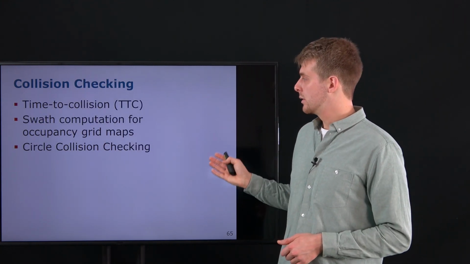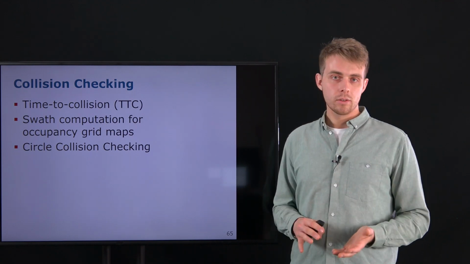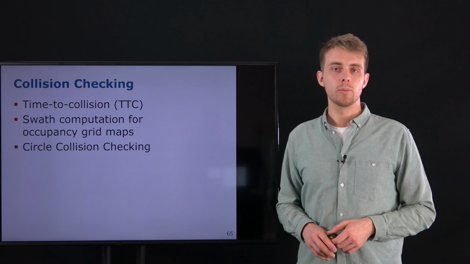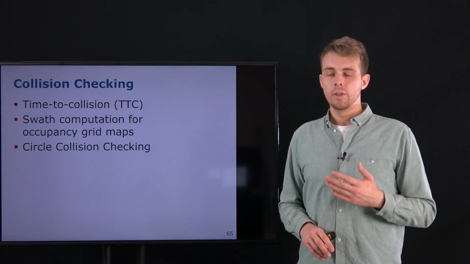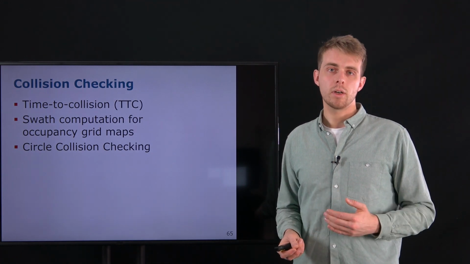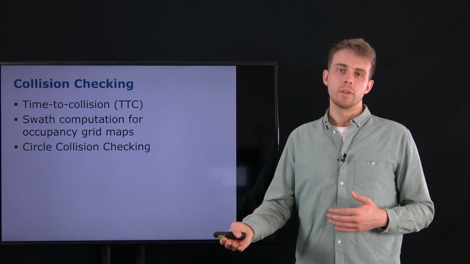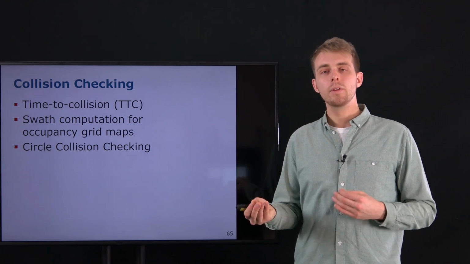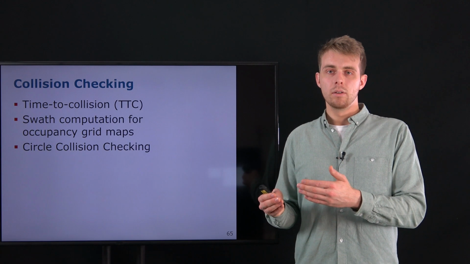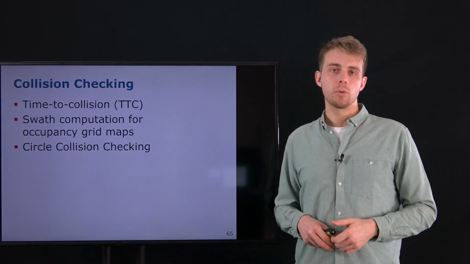Here you can see different ways to check the collisions. One very simple metric is the time to collision. In case we have a leading vehicle, we just compare the different velocities of our car and the leading car, and then compute the time. So in case we keep these velocities, we compute the time which has passed until we crash into the car.